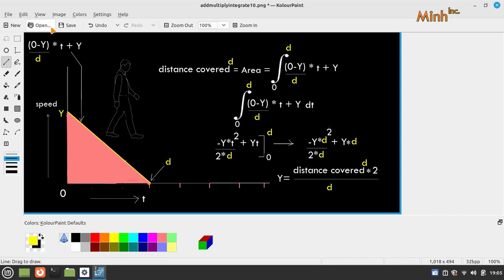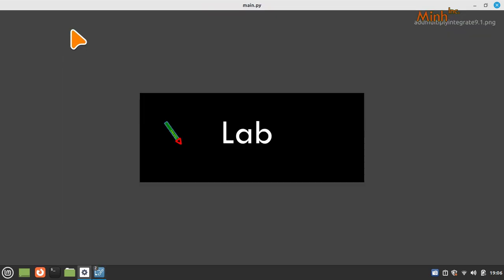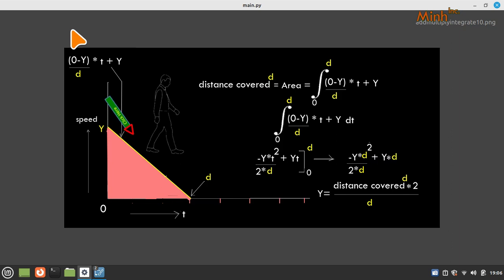So this is a line now. It should be pretty clear. Now this is a line, and it talks about speed. Speed in the sense that at any moment how much distance he is collecting, the way we discussed earlier.